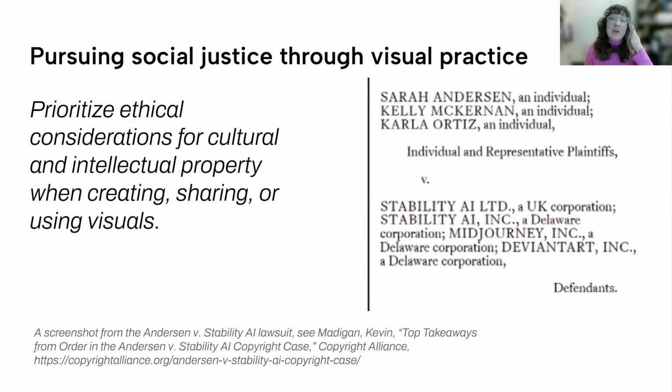For example, generative AI tools rely on vast data sets that are almost entirely comprised of copyrighted images built without permission from those copyright holders. This means that AI-generated images are able to mimic or directly use the work of artists who are not consulted or compensated by AI companies.